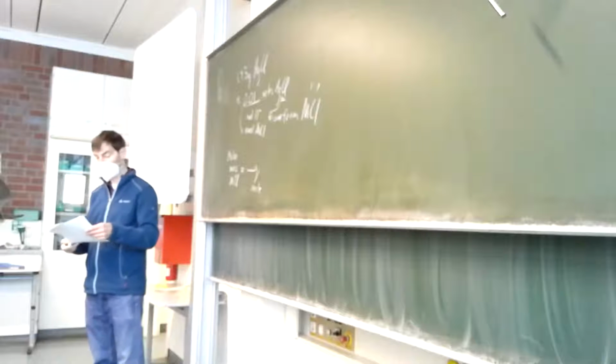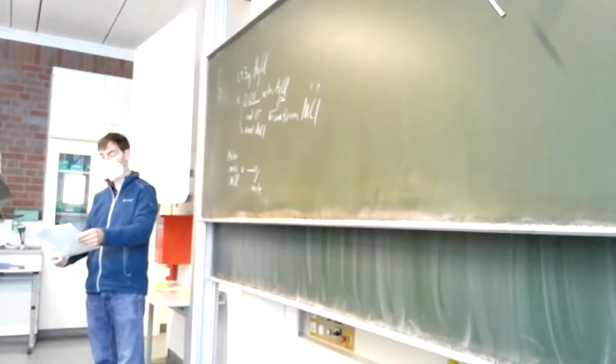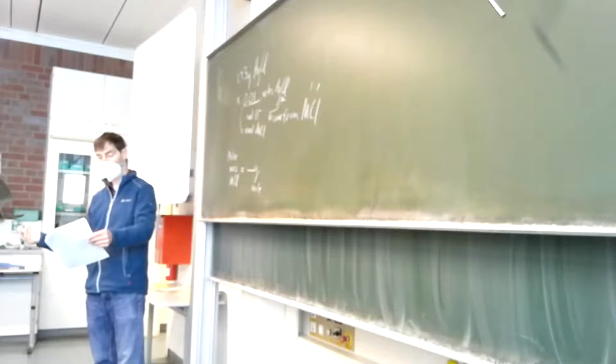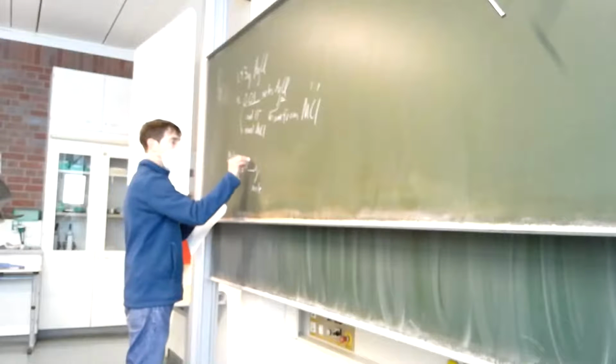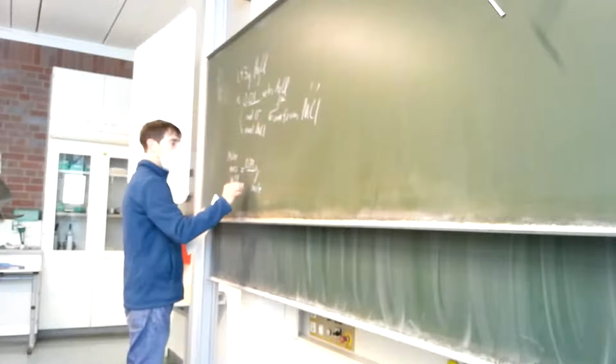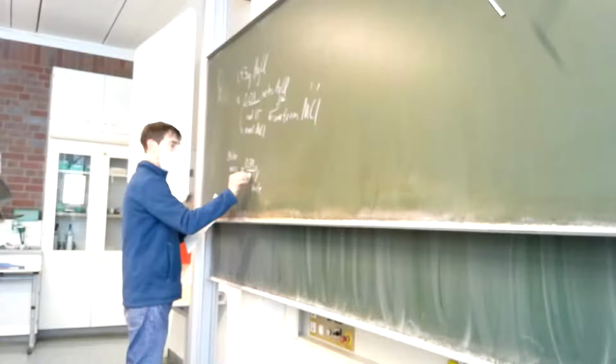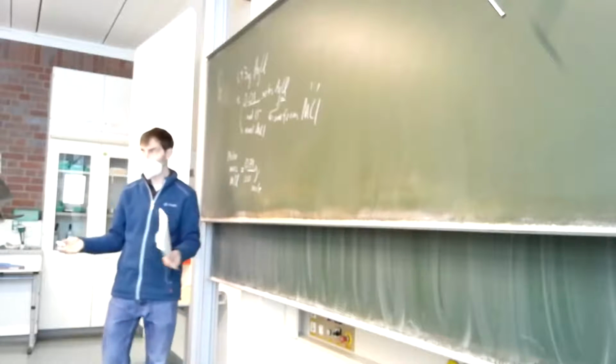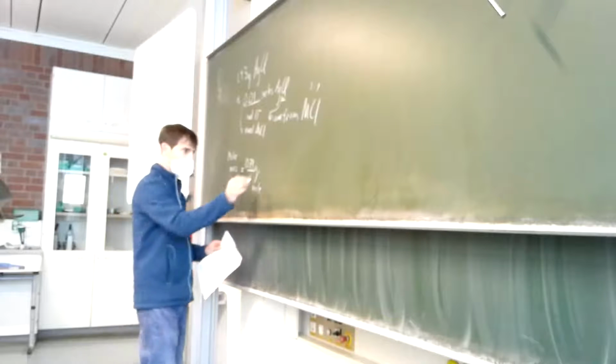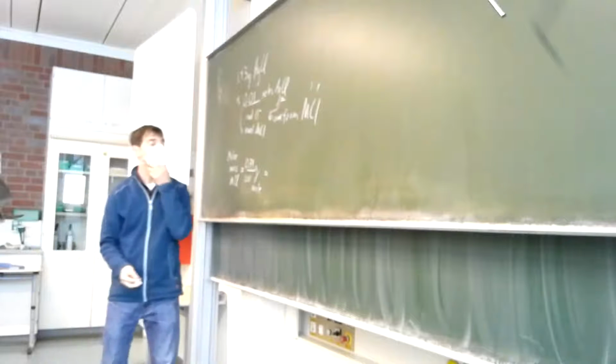And what grams do they give us in the data for MCl, Aiden? There you go. Now we're going to take the number from Chelsea, 0.01 moles, and we've got grams per mole. Ta-da!